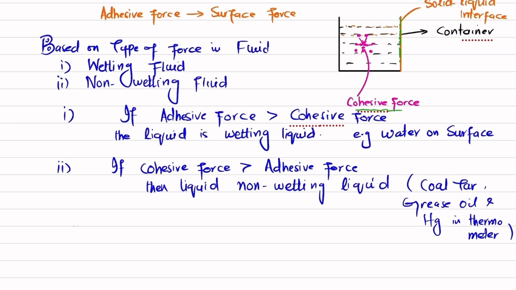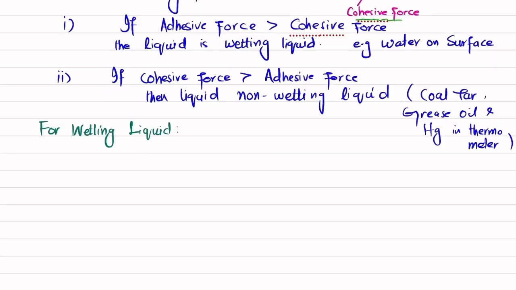Now we will discuss some other criteria for wetting liquid and for non-wetting liquid. I will write first for wetting liquid. For wetting liquid, we will take the example of the water-glass interface. Clear?